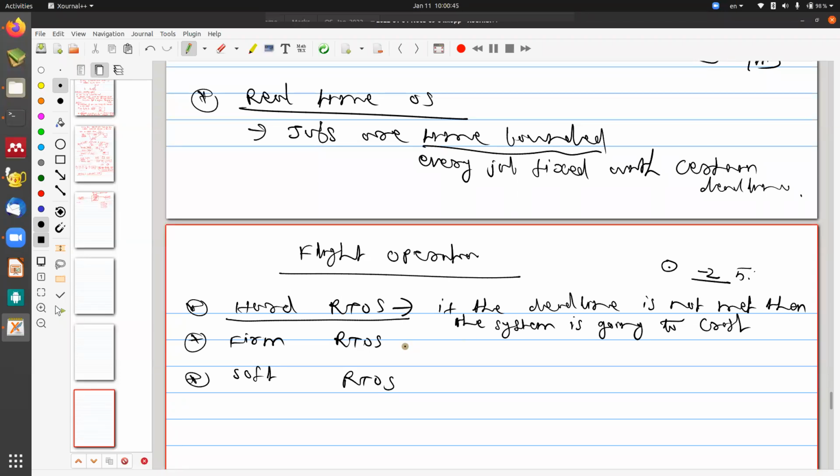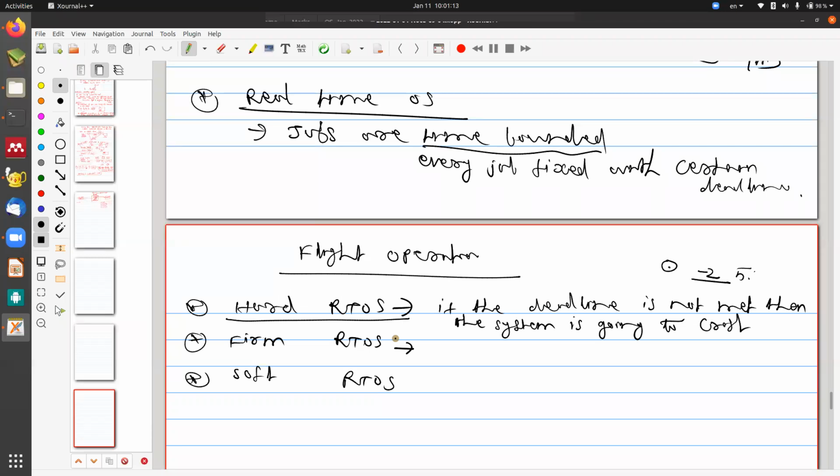Okay. Then the firm real-time system. What does it say? I'll give you an example. The firm real-time system is like video conferencing. You know that in video conferencing usually the video and the audio both have to come. But the video is a little larger in size as compared to the audio. So कभी-कभी क्या होता है ना वीडियो नहीं आएगा तुरंत लेकिन ऑडियो आपको आ जाएगा.